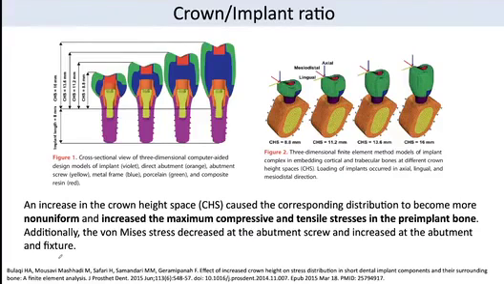Concerning the process, another point is the crown to implant ratio. The higher the crown is compared to the bone part of the implant, the more risk there is of horizontal forces.